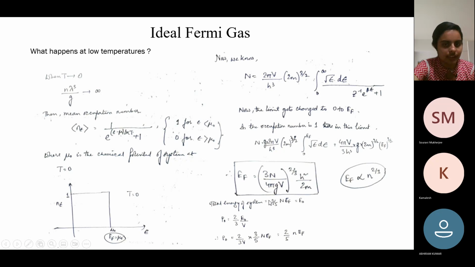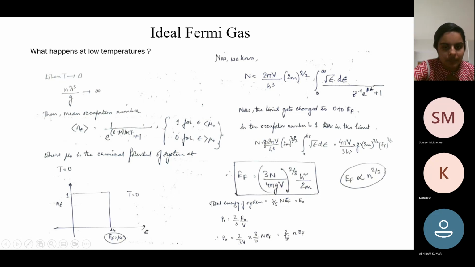If you solve that integral, you will get this value. And we just solved that for non-relativistic particles, P is given as 2/3 E by V, and for relativistic, it was 1/3 E by V. Here we are considering that it's non-relativistic, so P is related to E by V by this relation here. If you put that value, this is your expression for the pressure.